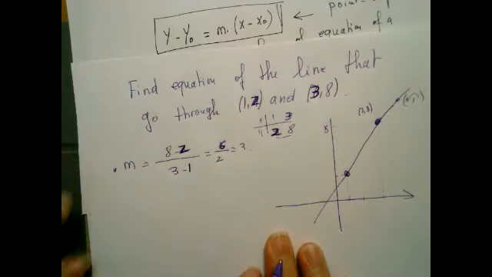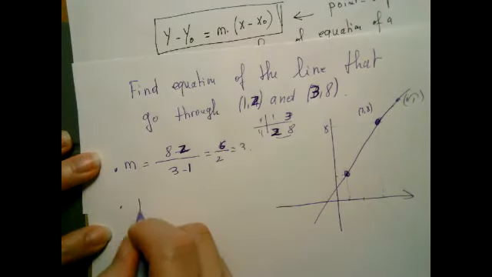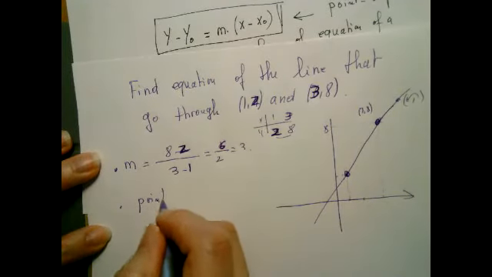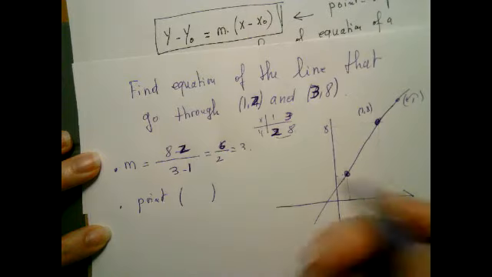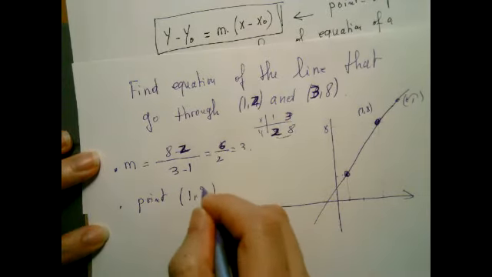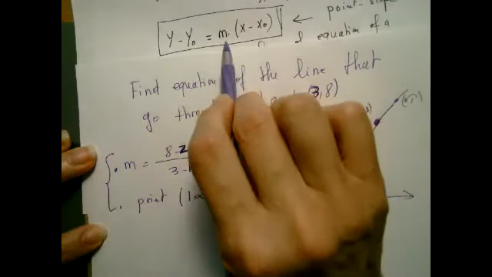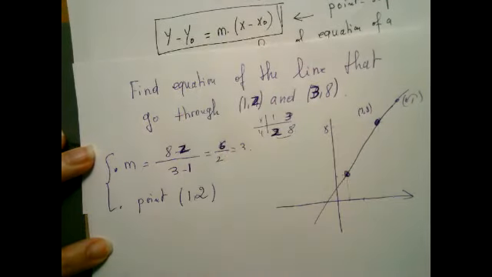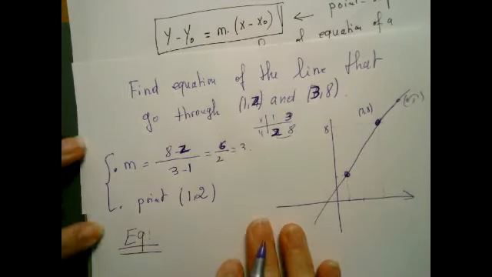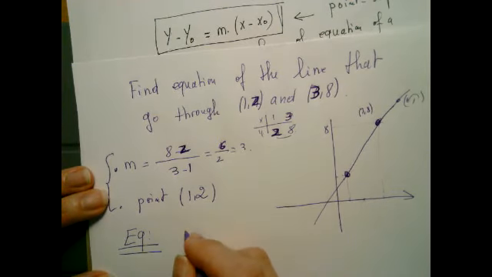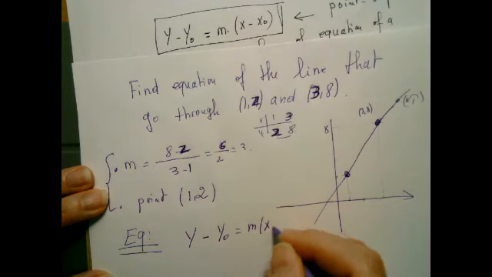I know m. Now, the point. I have two points, and you can pick any one you want. 1, 2. So I have a point and I have the slope. Now I'm going to use this verbatim. The equation would be, watch how I'm using it: y minus y0 equals m times x minus x0.